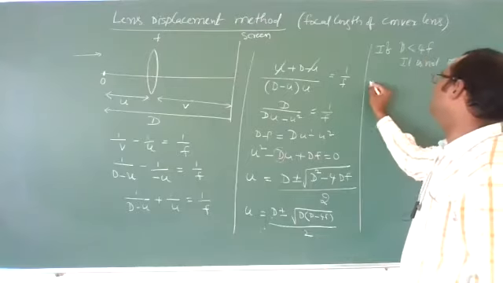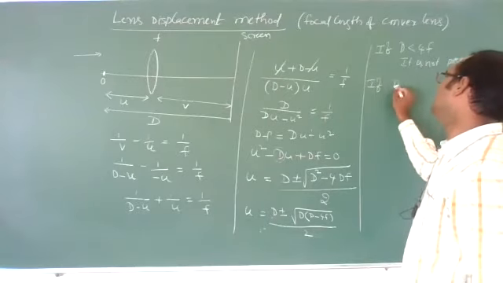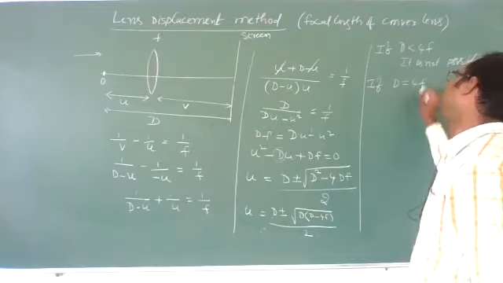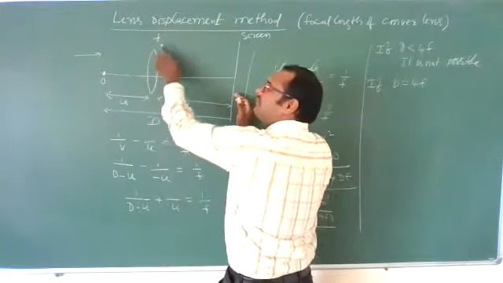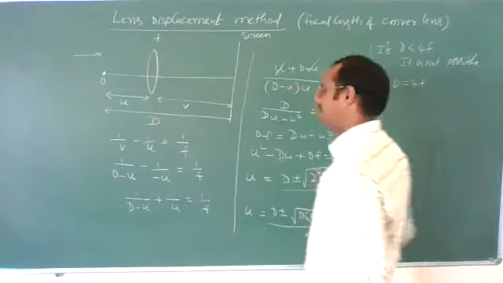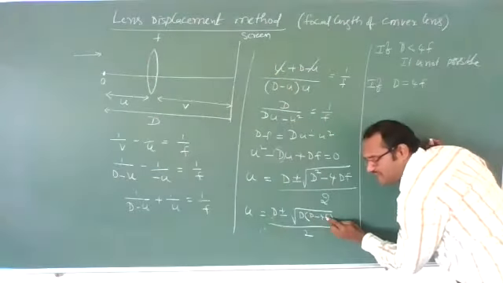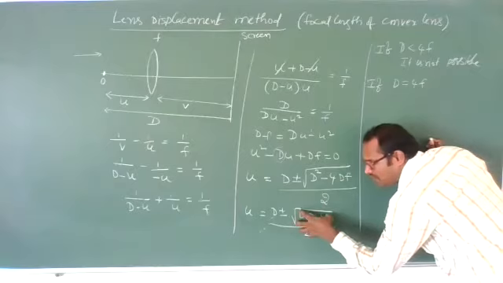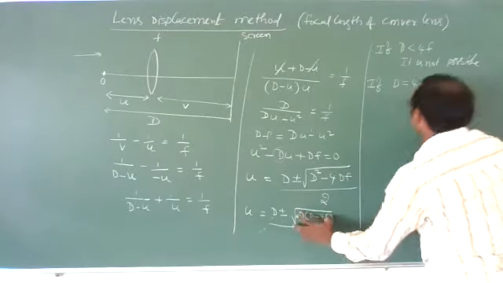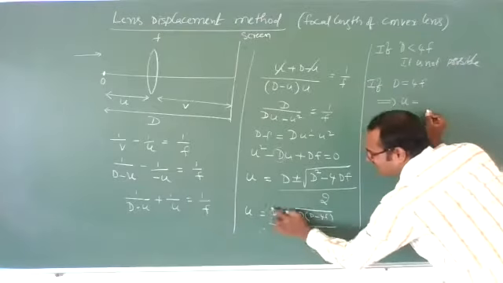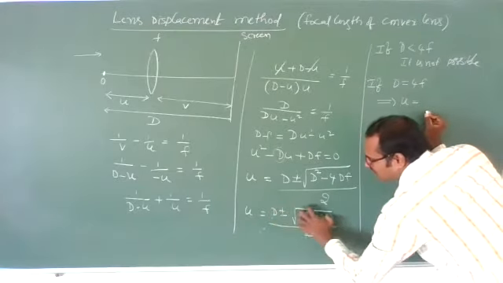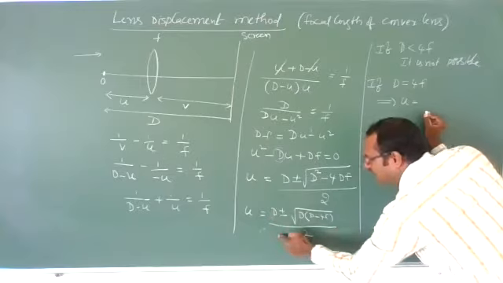If D is exactly 4f, means the screen to object distance is exactly 4 times the focal length of the lens, what will you get? This is 0, and 0 into anything is 0. Correct? Then u will be D by 2.